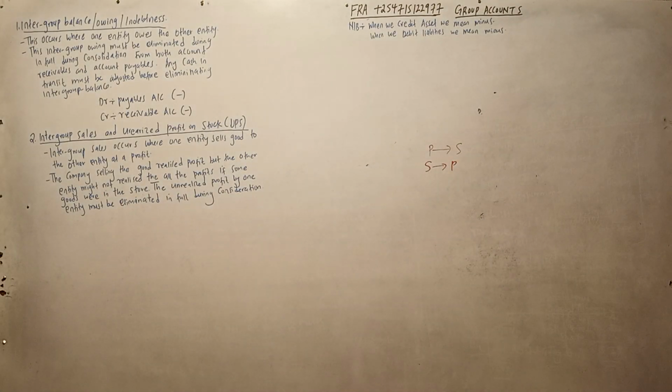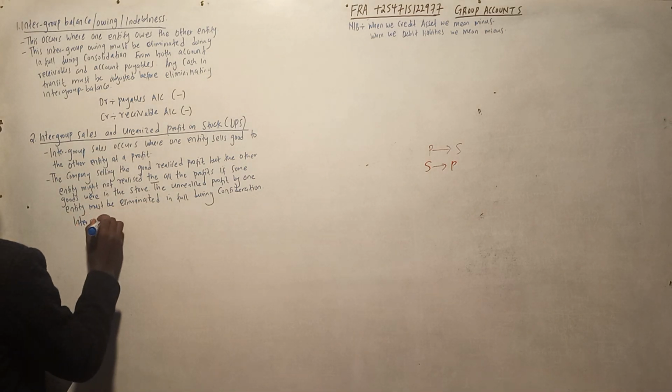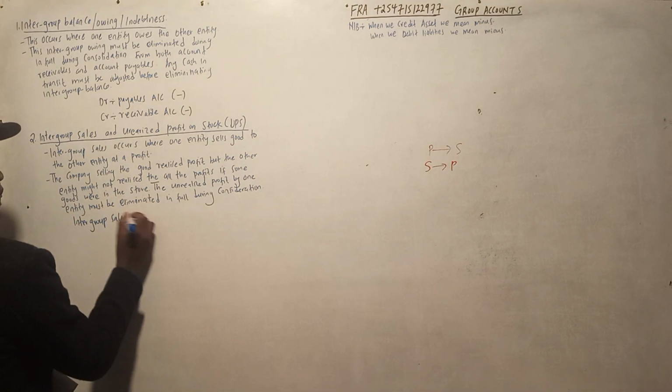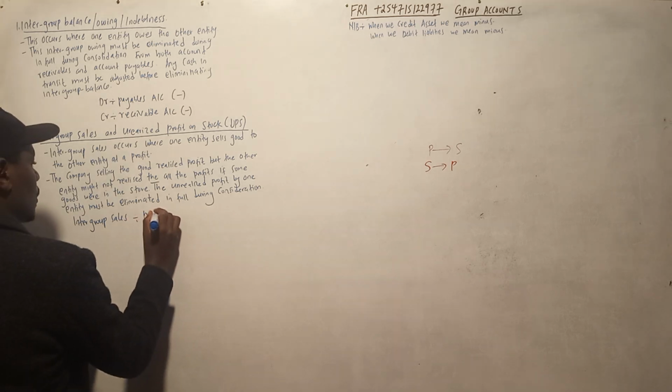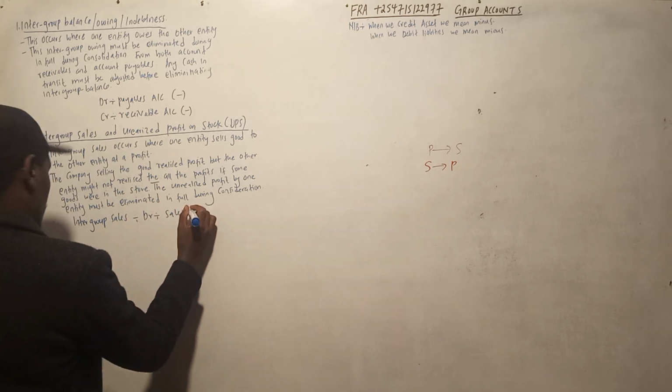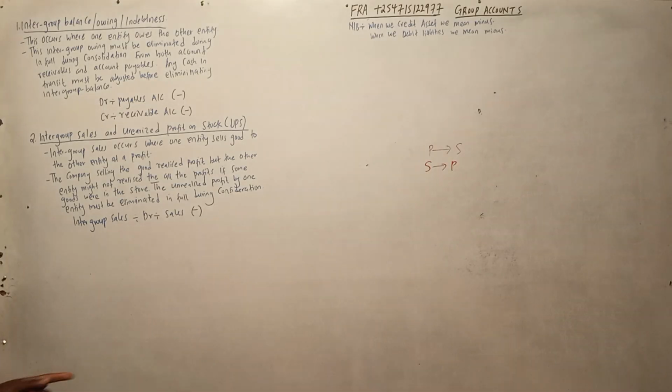We start with number one, intergroup sales. So, the working for intergroup sales. Intergroup sales means we debit sales. When we debit sales, it means we deduct the amount from the sales.